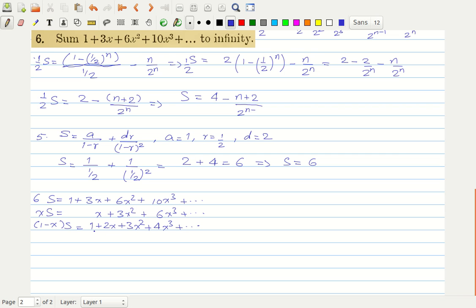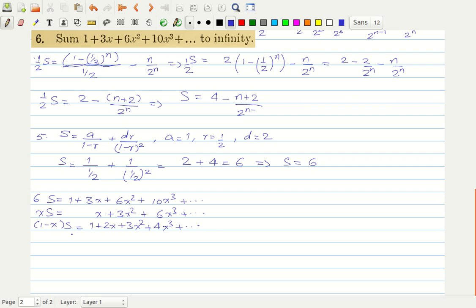Now this is an arithmetico-geometric progression, right? You can see that the first term is 1, second term is 2, third term is 3, 4, 5, and so on. And similarly the x term is 1, x, x square, x cube. So now we can use this formula s is equal to a divided by 1 minus r plus dr divided by 1 minus r square for summing up to infinity.